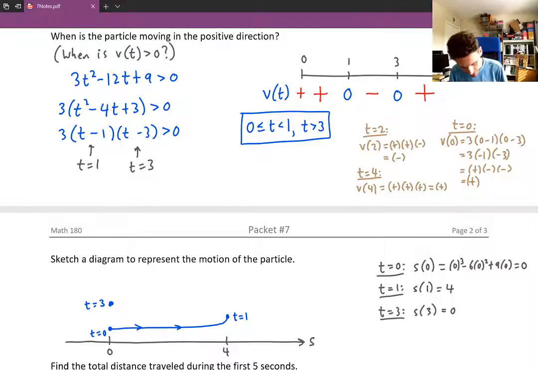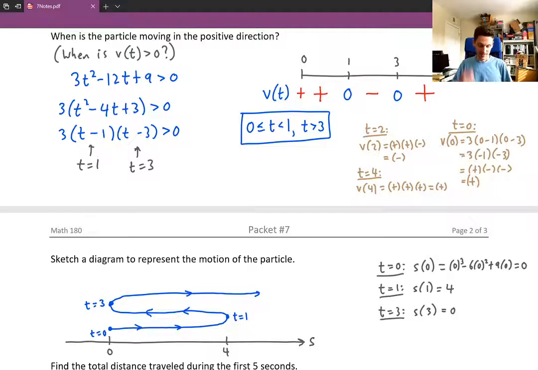Let's draw that. Again, I'll draw arrows to represent the movement to the left. Then after t equals 3, velocity is positive again, which means we're moving to the right. So we can continue the path, the epic journey of the particle as it goes to infinity and beyond.